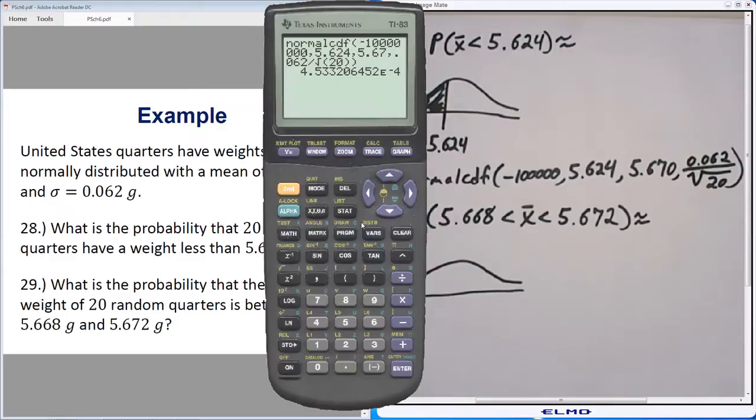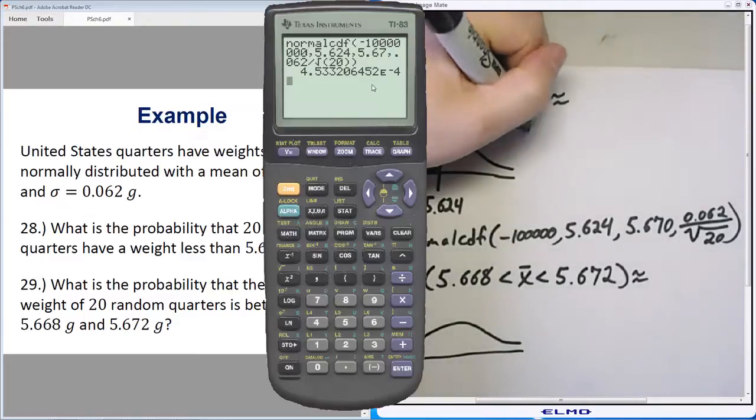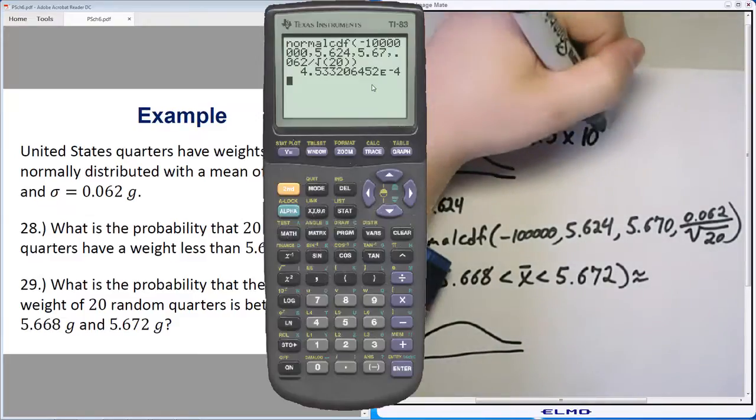For this particular problem, the answer may look strange at first, but if you notice on the right-hand side, I have a smaller uppercase E, -4, so that's scientific notation. We'll need to do a little work on the answer. So that's 4.5 times 10 to the -4th.